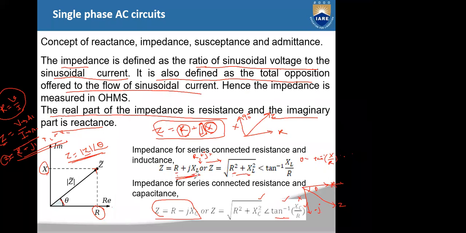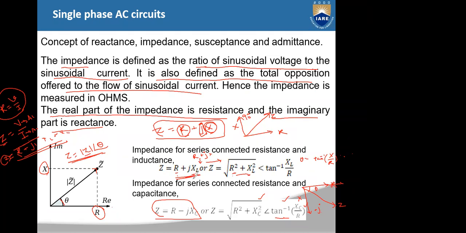Voltage by current, sir. Voltage by current, we are calling it as resistance, na? In an AC circuit, sir. In a DC circuit. Okay, that is resistance. Impedance means the sum of all the oppositions to current, sir.